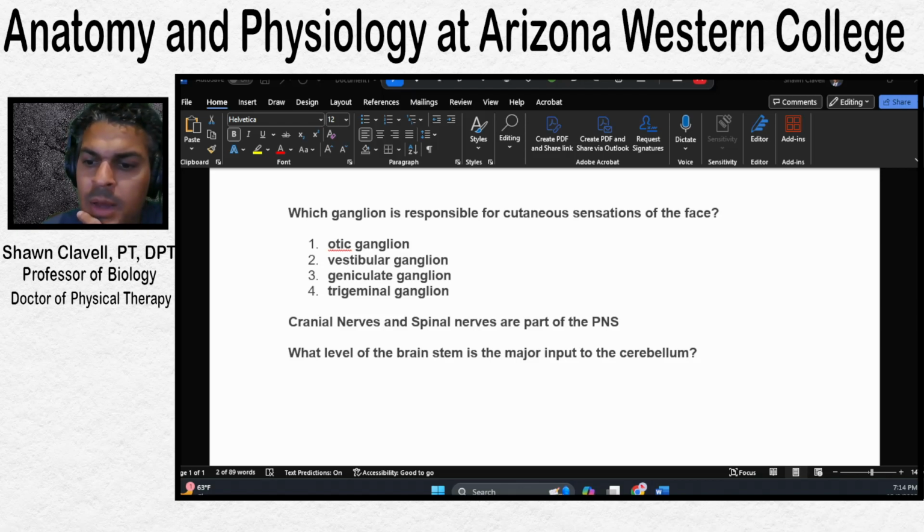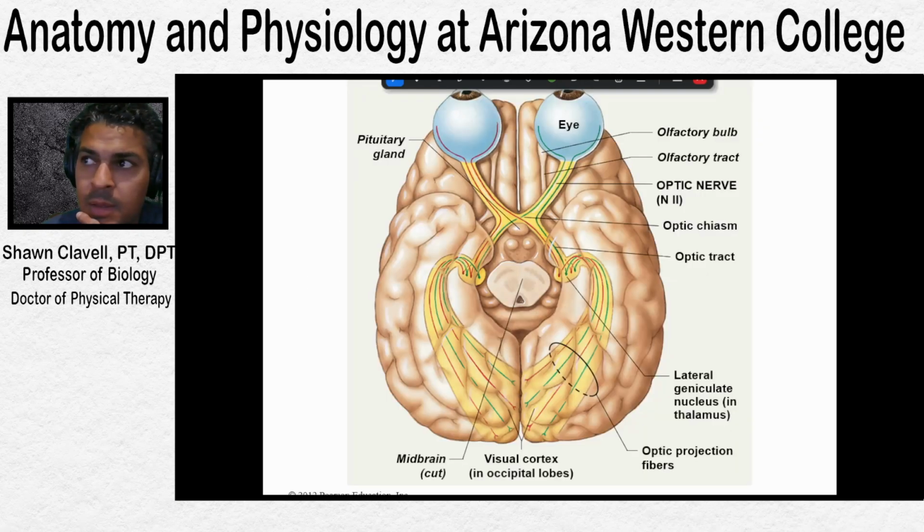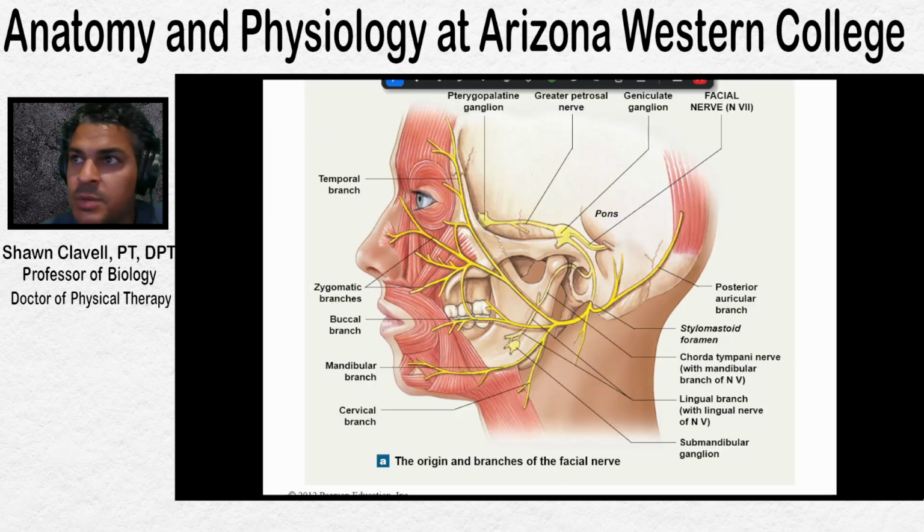So in the cranial nerves, what you'll see is that there's these groupings, and I'm going to kind of jump to, let's see which one this one is. That's the facial nerve.